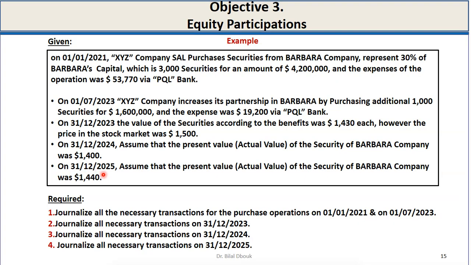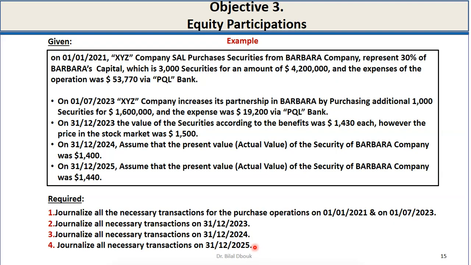However, for the following year 2025, the actual value was $1,440. I have to record the necessary journal entries for the purchase operation on 1/1/2021 and on 1/7/2023, and to journalize all necessary transactions in years 2023, 2024, and 2025.